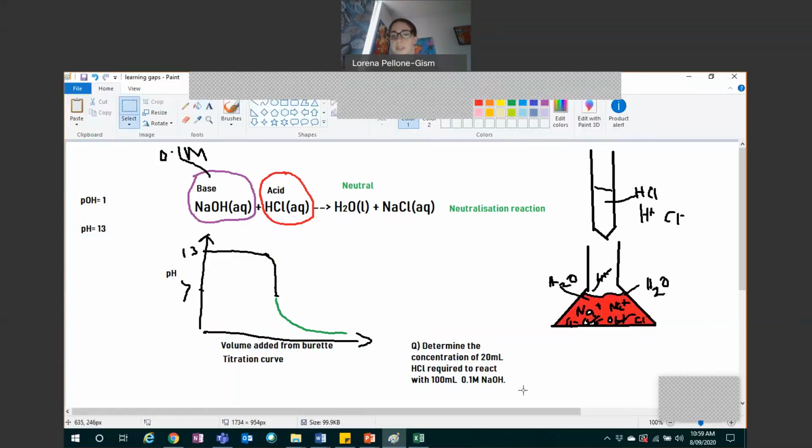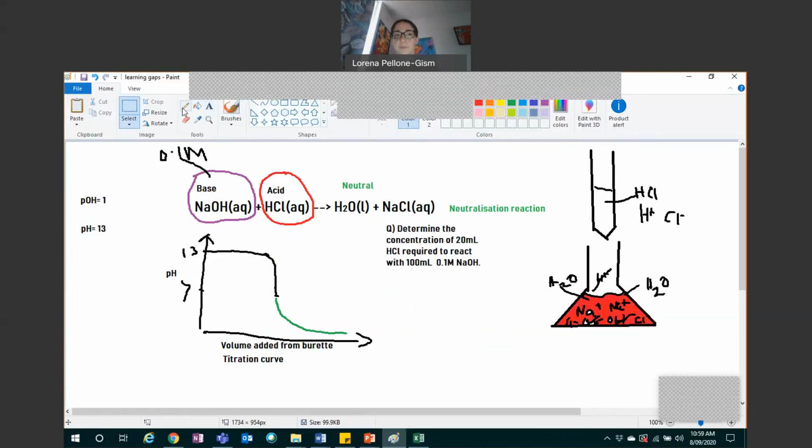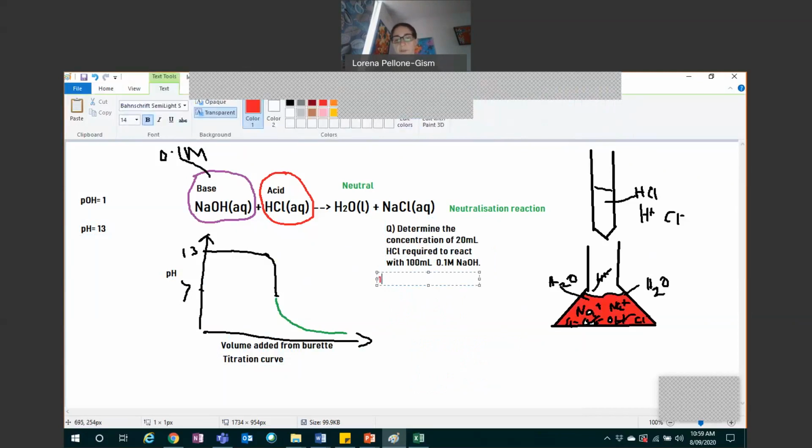This question is asking us to work out the concentration of HCl required to react with the sodium hydroxide. The first thing you need to think of is what's actually reacting, and it's the moles that are reacting. So how many moles of NaOH are there? Because the more particles we have in there, the more HCl we're going to need to react with it.